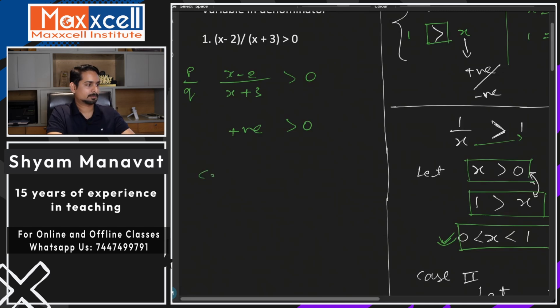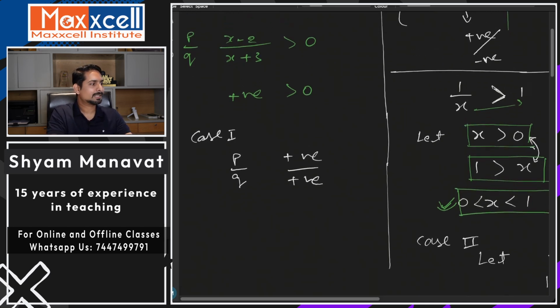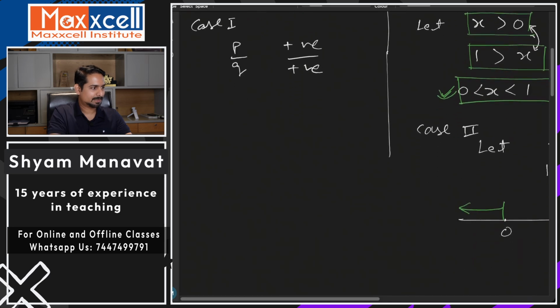Case 1, when p is positive and q is also positive. So positive by positive will be a positive value, right? The other condition would be p upon q where p is negative and q is also negative.